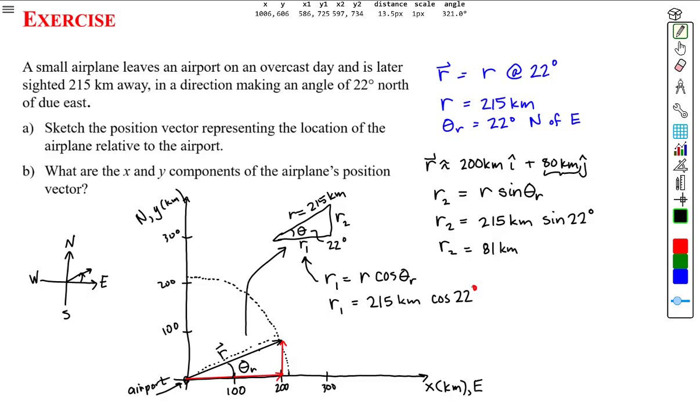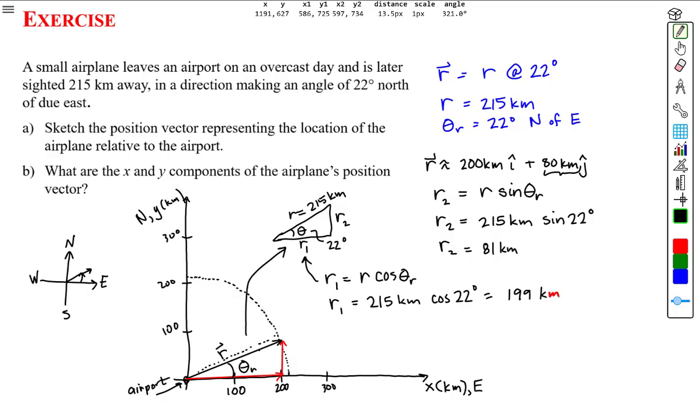Let's enter this in our calculator. 215 kilometers times the cosine of 22 degrees equals, we'll just round it to the nearest ones place for now, 199 kilometers.